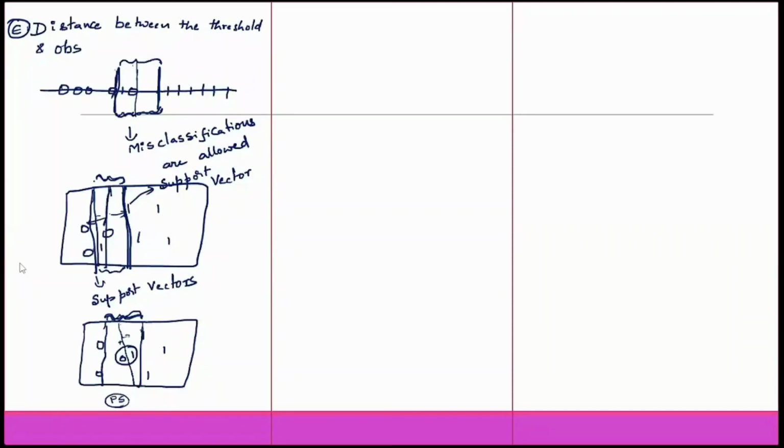Now, if I am allowing for such soft margins, there could be many possible threshold splits. I can split it here, I can split in an angular fashion, and I can think of various such threshold splits.